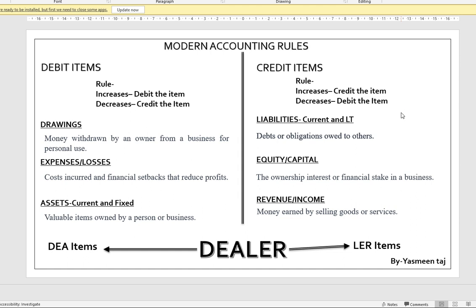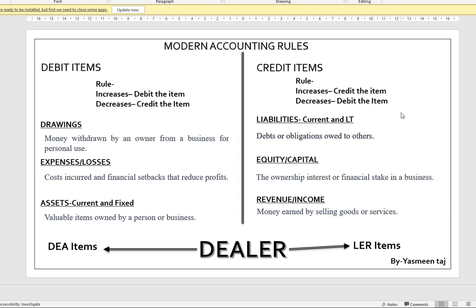Next, expenses or losses. Costs incurred and financial setbacks that reduce the profits of the business are known as expenses or losses. That may be depreciation, bad debts, etc. Assets include current assets and fixed assets. Any valuable item owned by a person or a business is what we call assets.